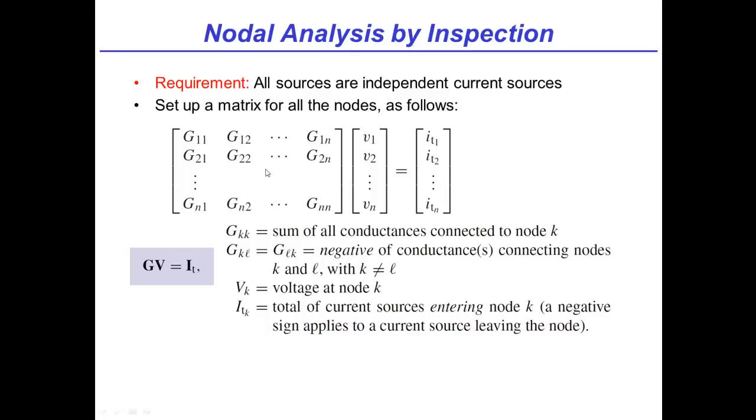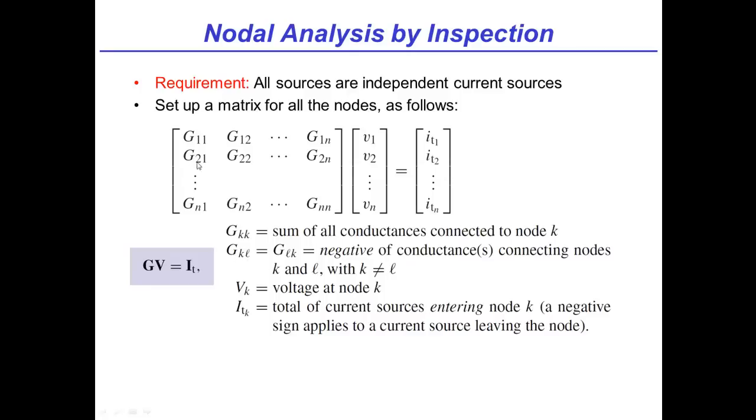the off diagonals, in other words, everything else, G12 and G34 and G76, whatever, you're going to fill those in with the negative value of the conductances connecting the two nodes that have the subscripts of the row and the column.